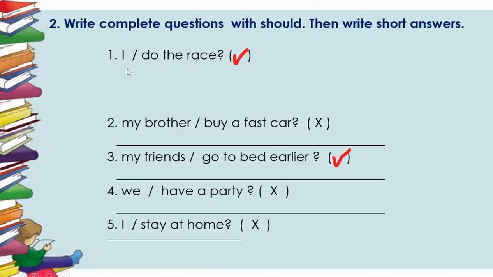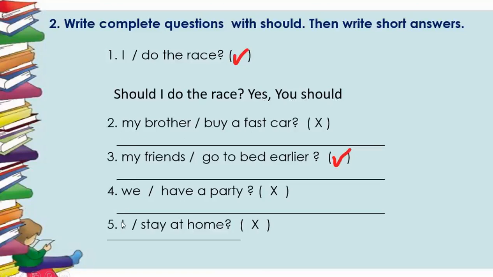Look at this first example. I do the race. Here, it's a question. Should I do the race? And according to it, it is a tick, so the answer has to be a positive, affirmative answer. Yes, you should.